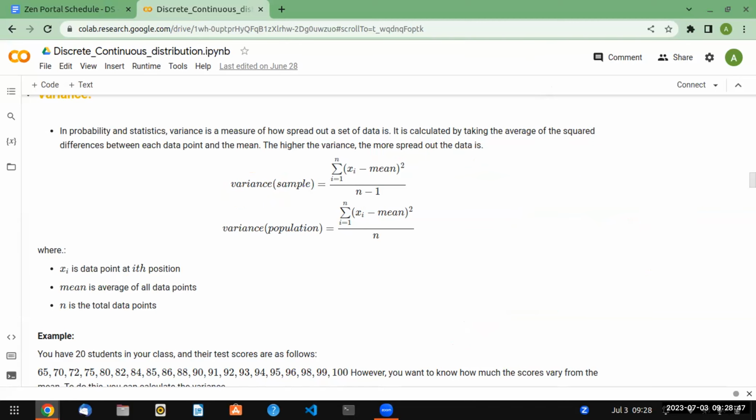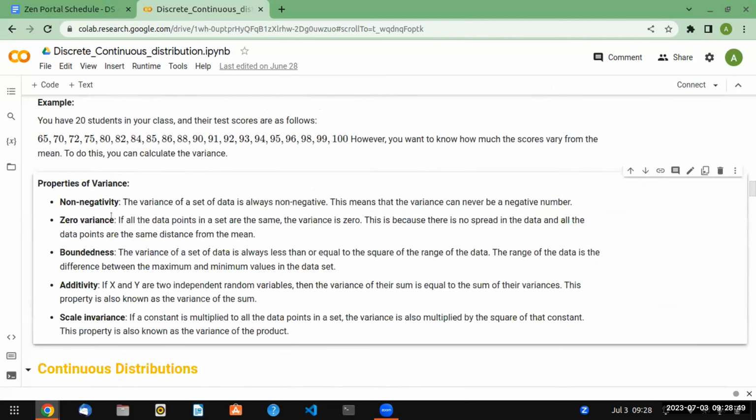Okay, now zero variance. What do you mean by zero variance? If all the data points in a set are the same, the variance is zero. Now you tell me how I should draw this graph so that it represents zero variance. When we say zero variance, what does that mean? It means that all the points lie on the same point.